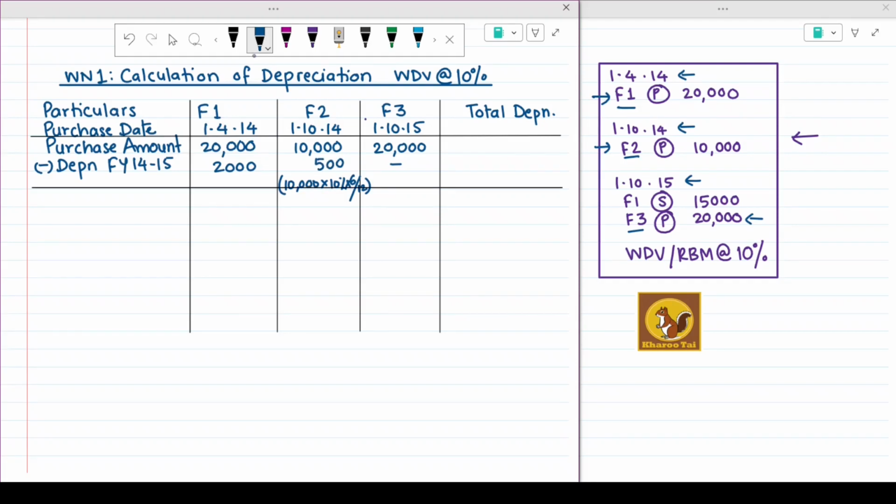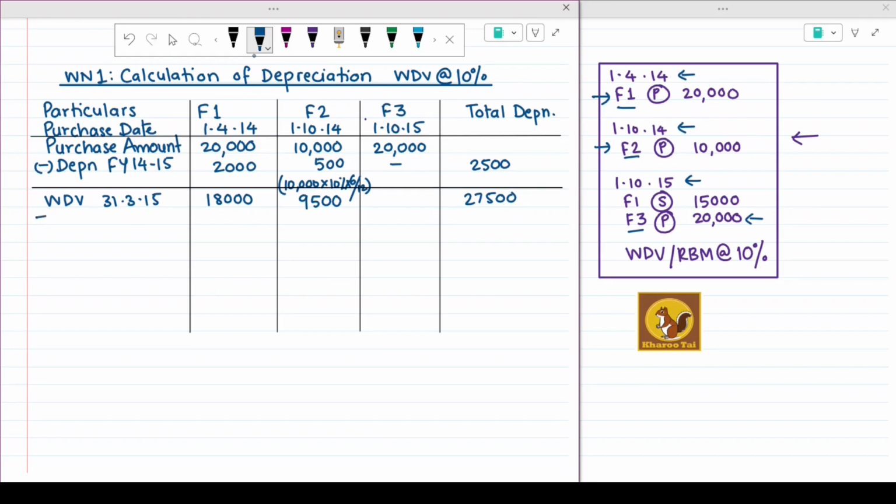So total depreciation after first year is 2,500, and WDV as on 31/3/15 will be 20 minus 2, 18,000, and 10,000 minus 500, 9,500. Total will be 27,500.